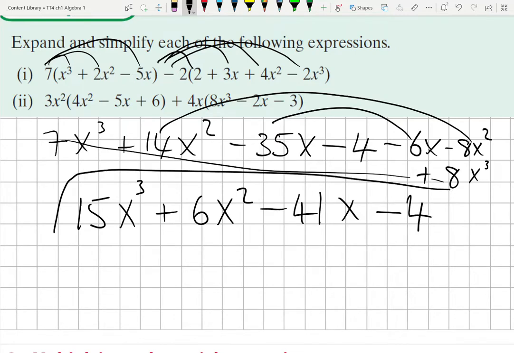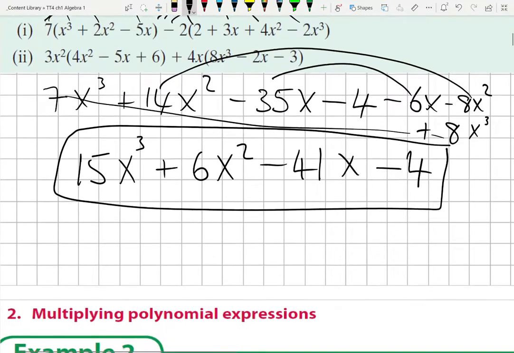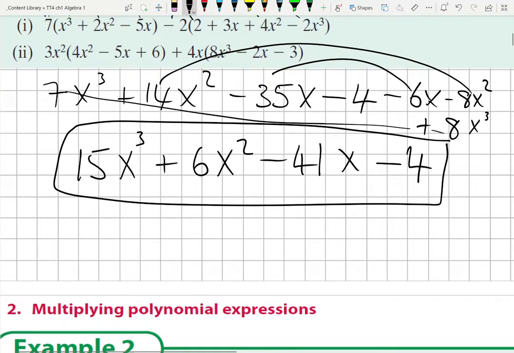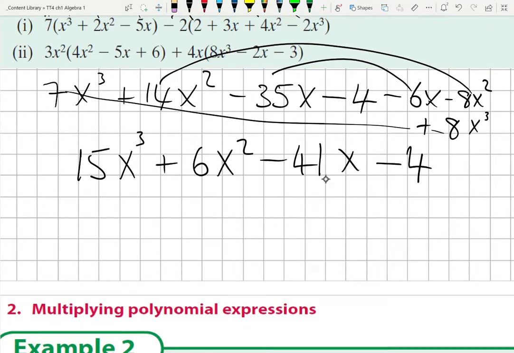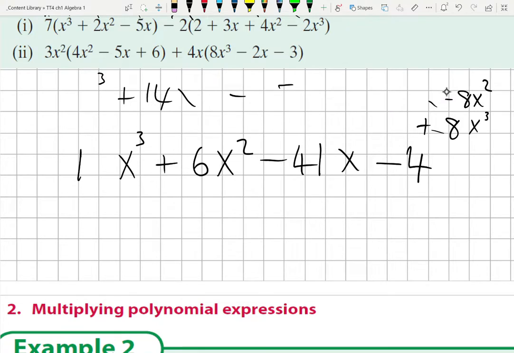Okay, and that would be the final answer for the first one. Okay, I'm going to clear that. So 15x cubed plus 6x squared minus 41x minus 4. Now I'll clear that, and we'll do the second one using a place value strategy.